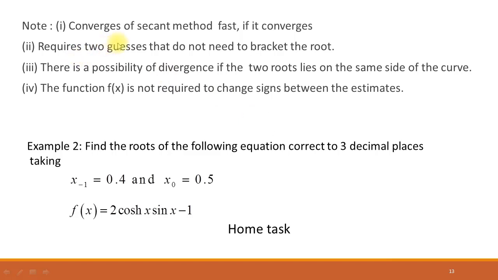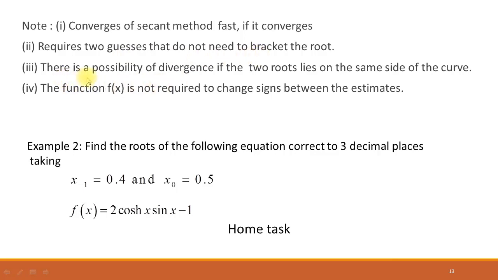Now dear students, note that the secant method converges fast. Convergence of the secant method is very fast if it converges. The secant method requires two guesses, two initial values, and they do not need to bracket the root.